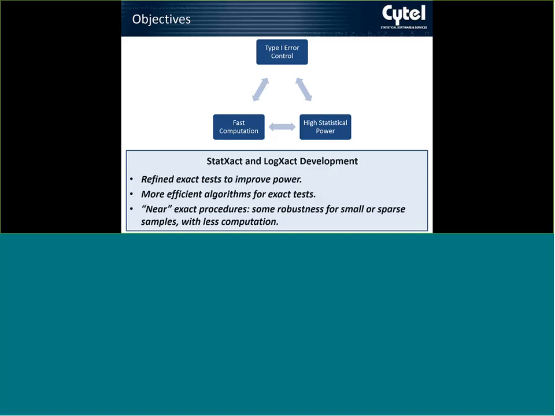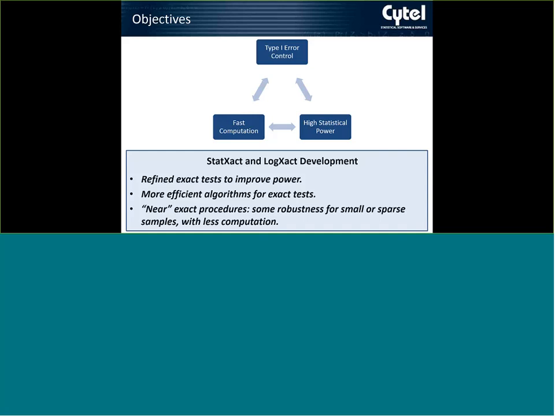And finally, there have been a lot of procedures added over the years that, for lack of a better term, I would refer to as near exact procedures. In other words, they're not exact in the sense that they preserve the type 1 error rate, but they perform a lot better than asymptotic methods at a much lower computational cost.